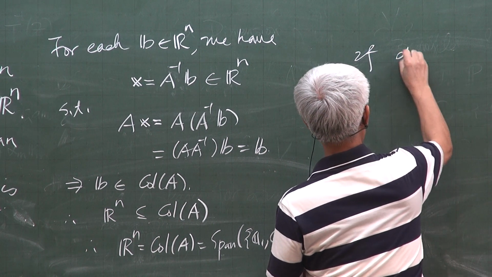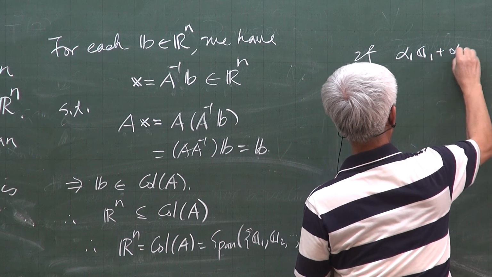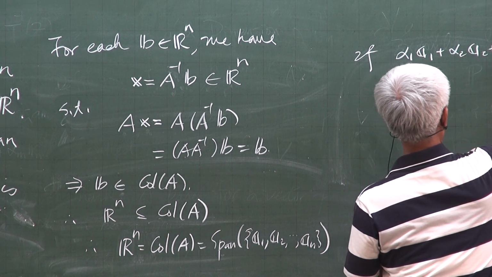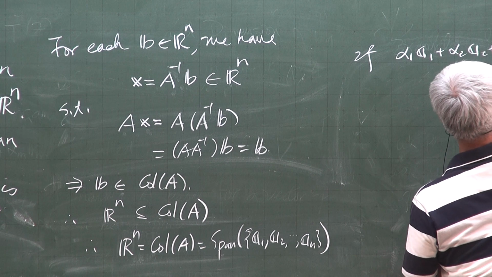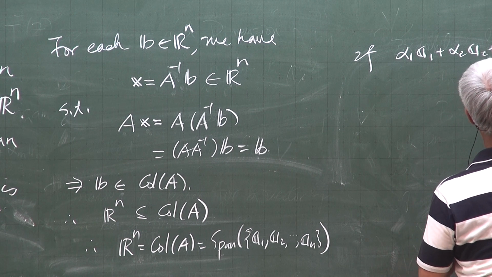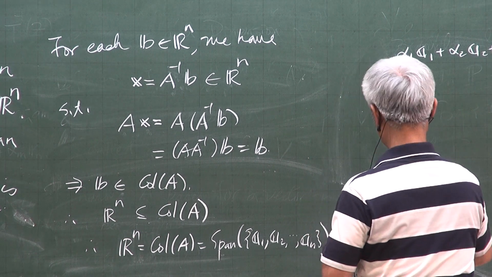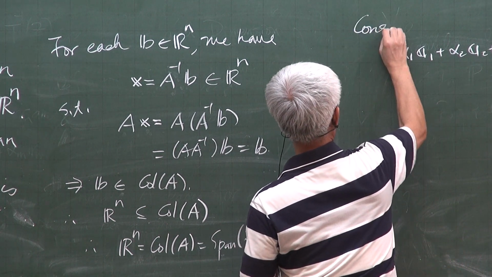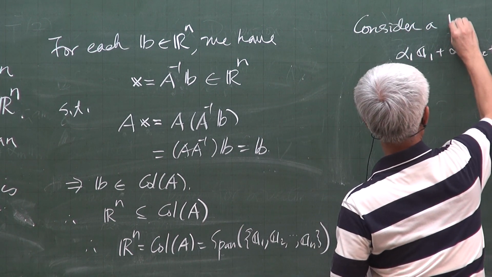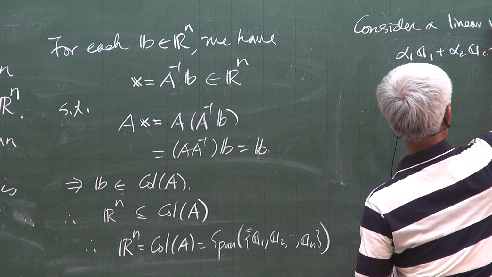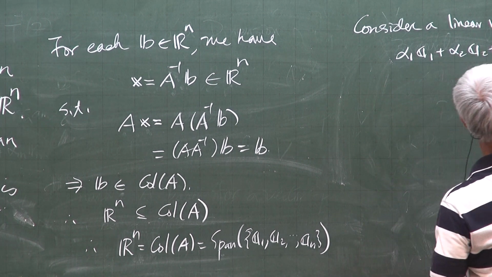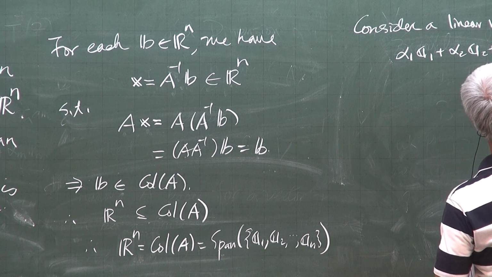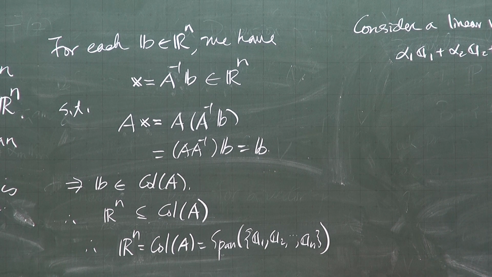Now consider a linear relation on the set of all column vectors of A: alpha 1 A1 plus alpha 2 A2 plus ... plus alpha n An equals 0.